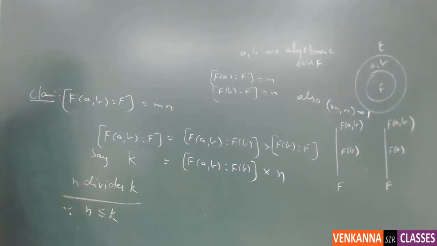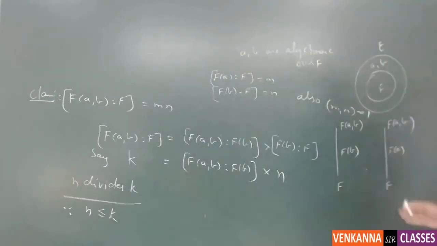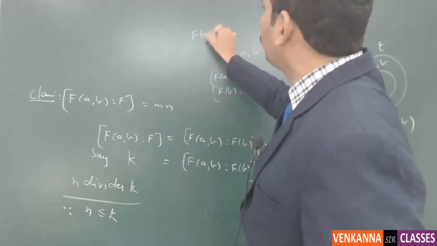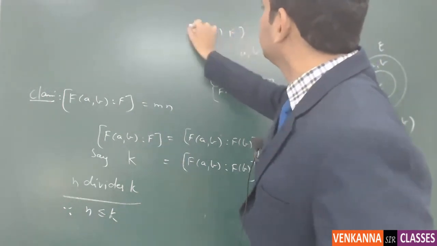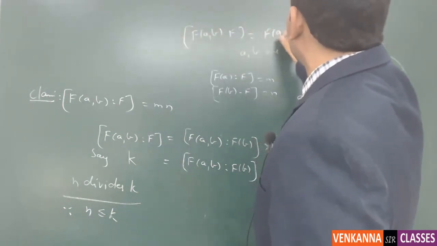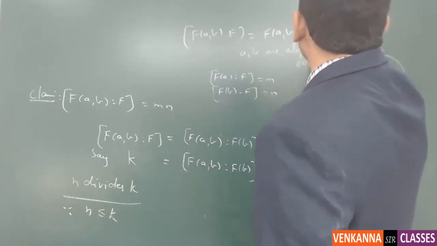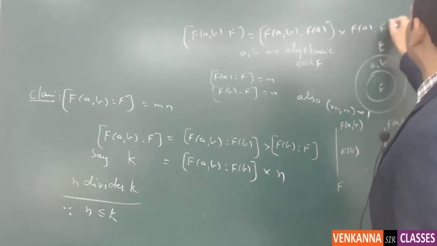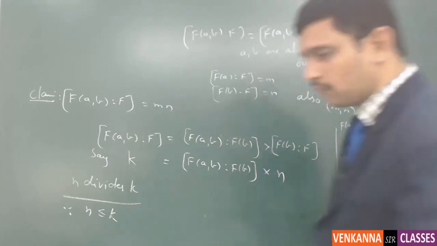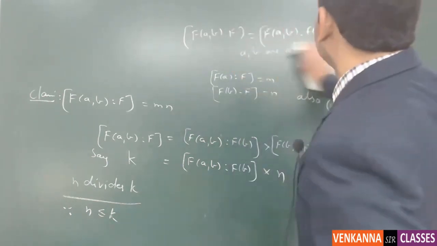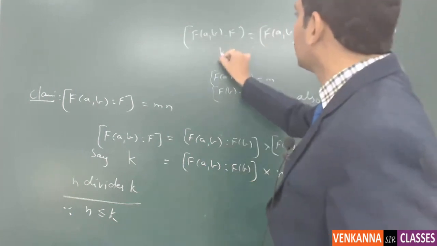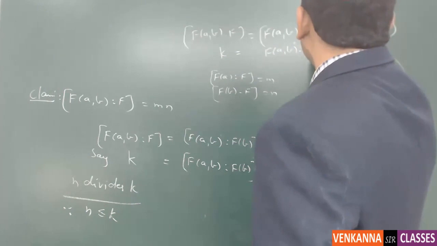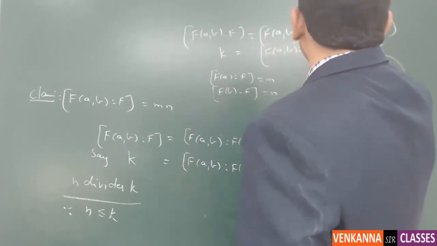Similarly, if you take this extension, applying the hierarchy, you have f of AB over f is equal to f of AB over f of A into f of A over f. So from this, you can say that k is equal to f of AB over f of A into m.